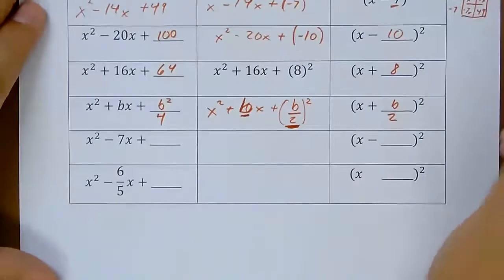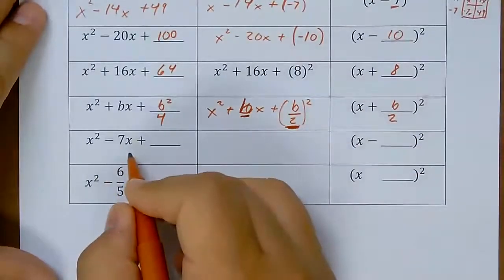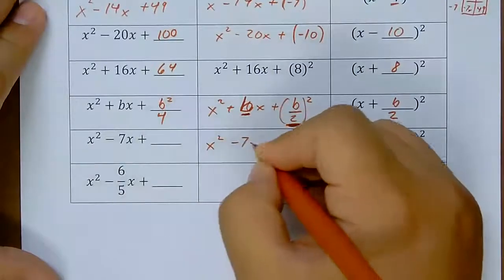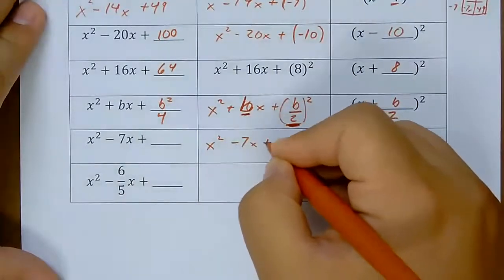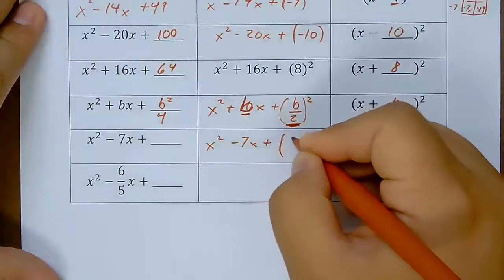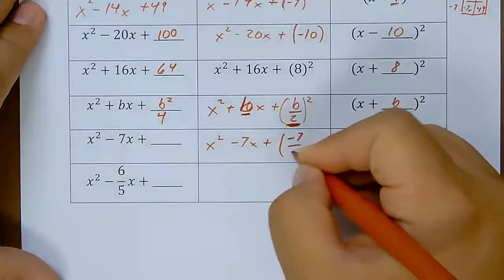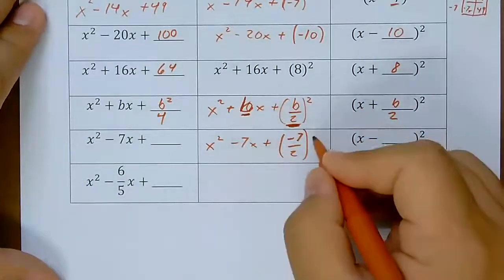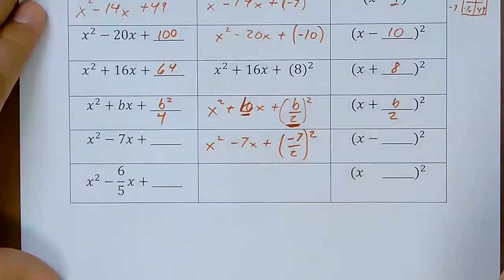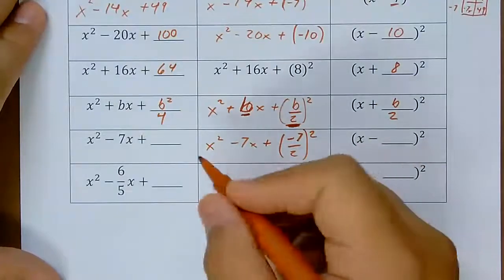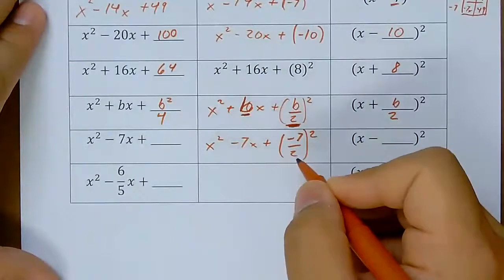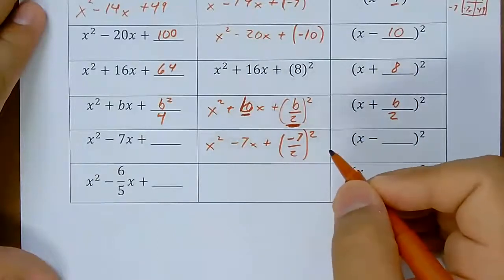Let's do these last two together quickly. x squared minus 7x plus blank. Well, that's going to be x squared minus 7x plus -7 over 2, half of our middle term, squared.